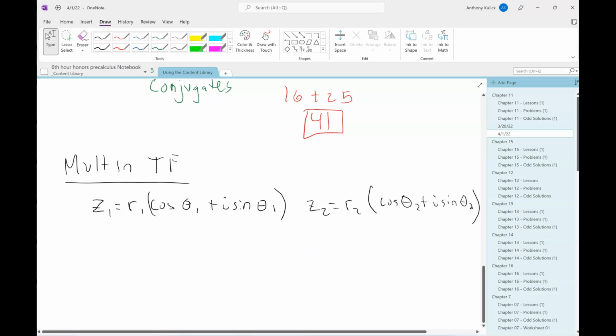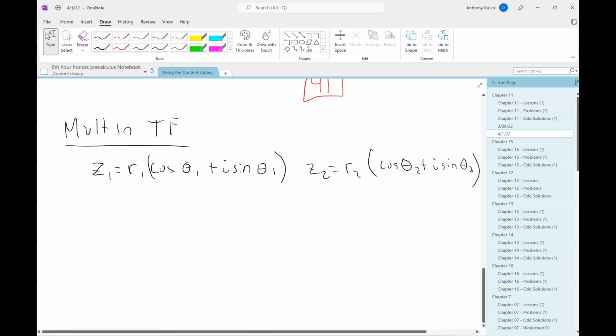So I'll say we have two complex numbers, z1 and z2, where z1 is r1 times cosine theta 1 plus i times sine theta 1, and z2 is r2 times cosine theta 2 plus i times sine theta 2. So if I want to multiply these two things together, well, you just write them next to each other.